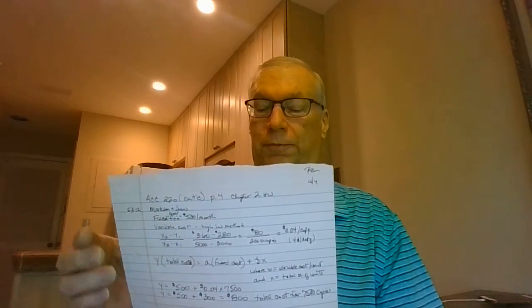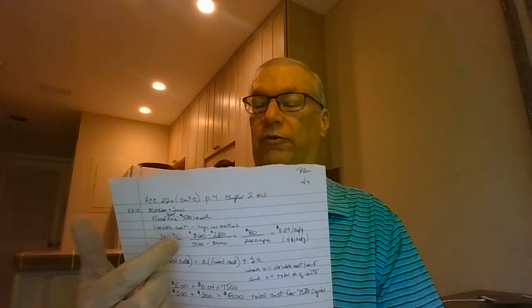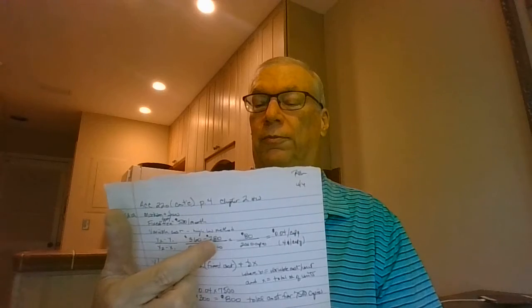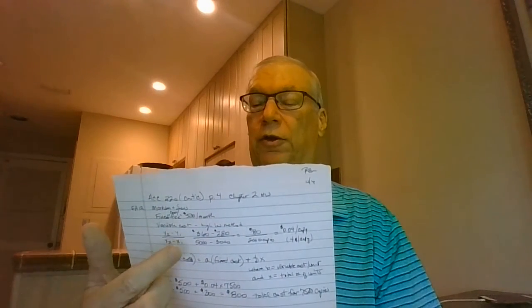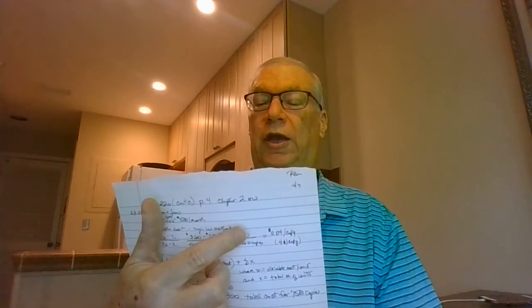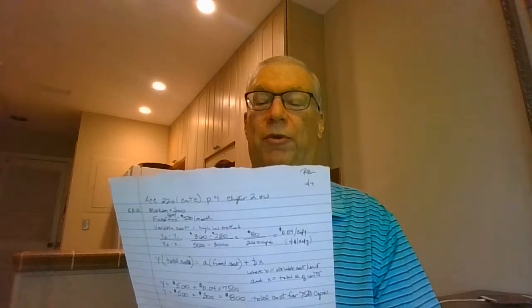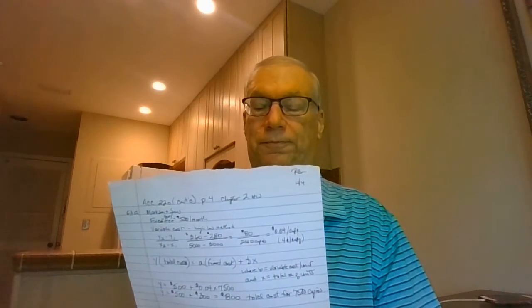So you can see that 360 minus 280 is $80, the difference between the high and the low. 5,000 minus 3,000 is 2,000 copies. $80 divided by 2,000 copies is 4 cents per copy.